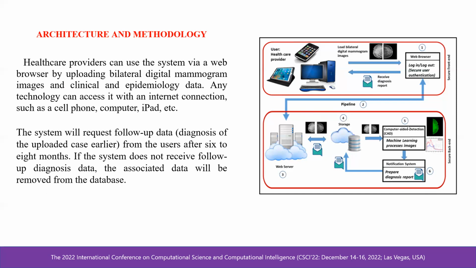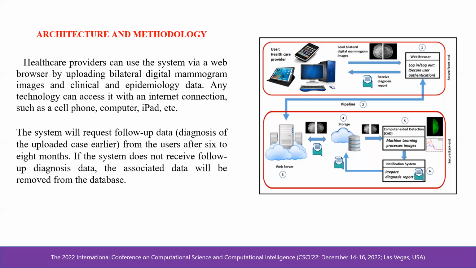Stage 5 is the computer-aided diagnosis system. The computer-aided diagnosis system algorithm in stage 5 is the core of the proposed M-Health system. It is located at the secure backend.